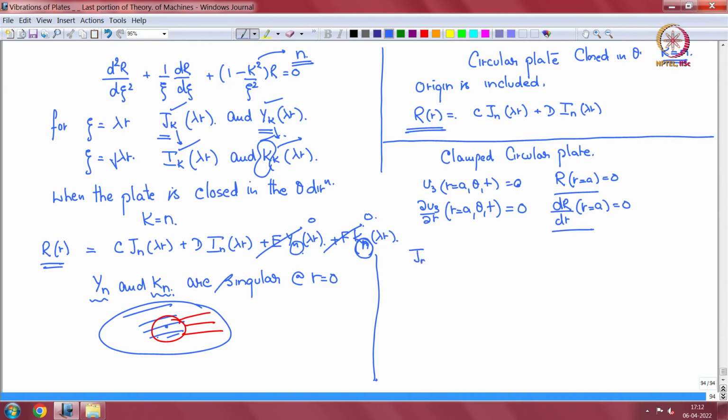We get J_n(λa), I_n(λa), dJ_n/dr(λa), dI_n/dr(λa), with C and D equal to 0.